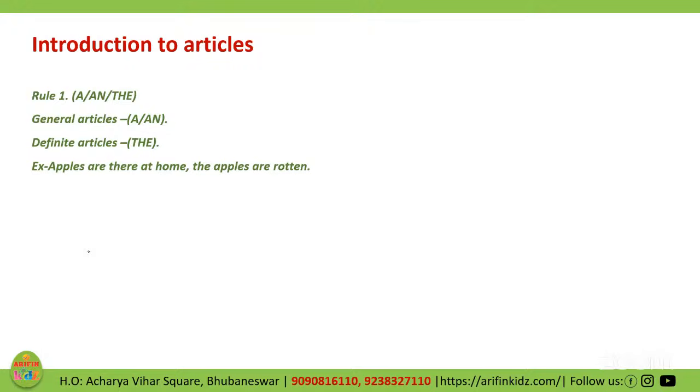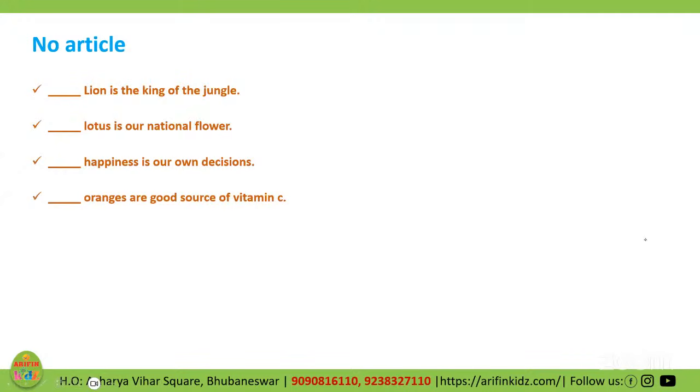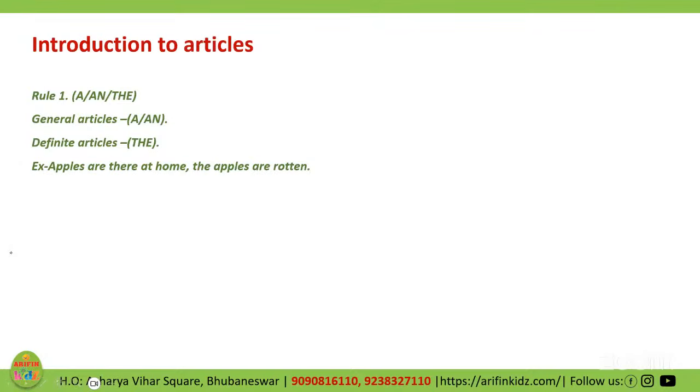In English, there are some nouns which require general articles, and some which require definite articles. Now, write down rule number two. Everyone, write down rule number two.